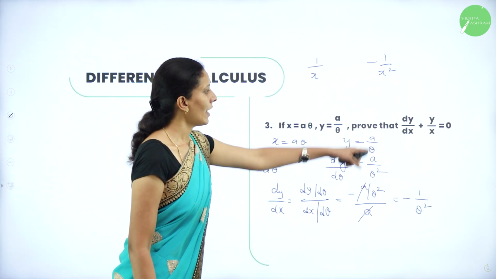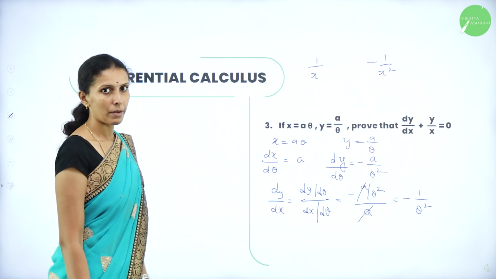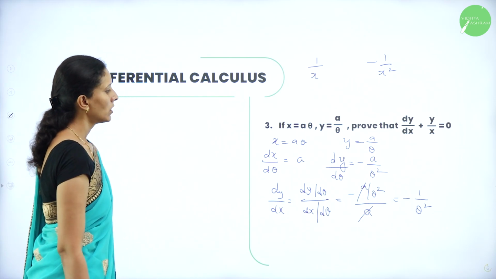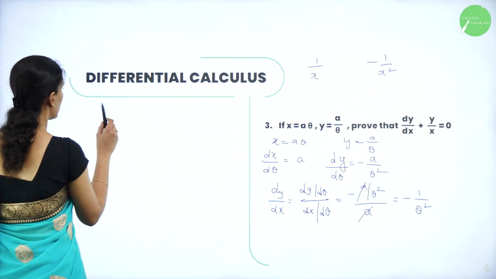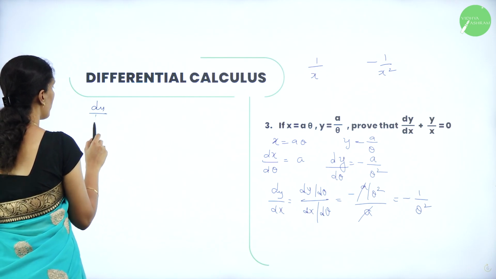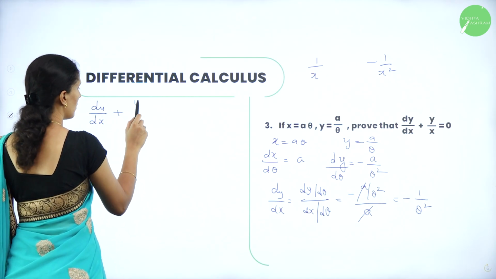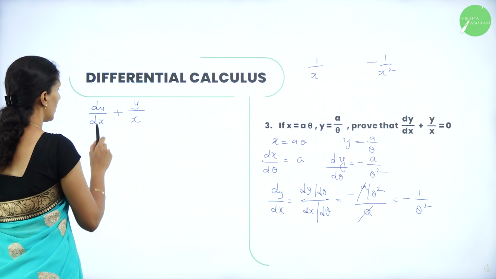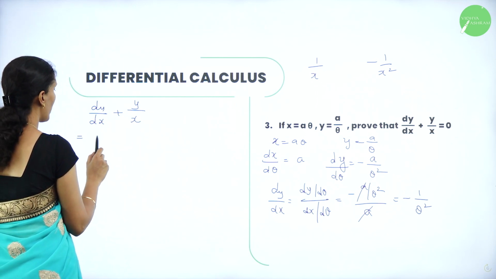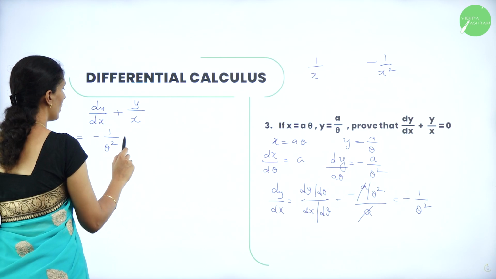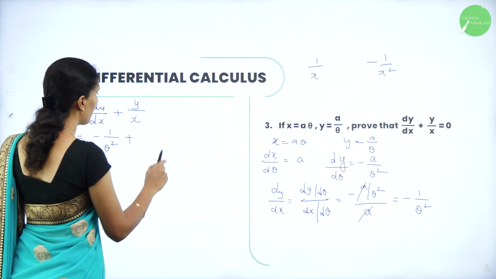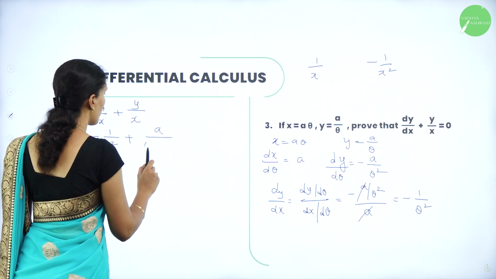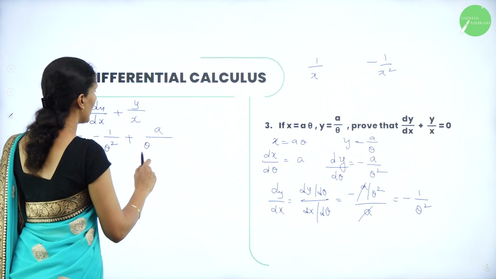Now we have to show that dy by dx plus y by x is equal to 0. So consider the equation: dy by dx plus y by x. Now dy by dx is equal to minus 1 over theta square, y is a by theta and x is a theta.